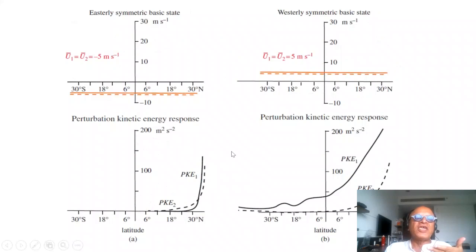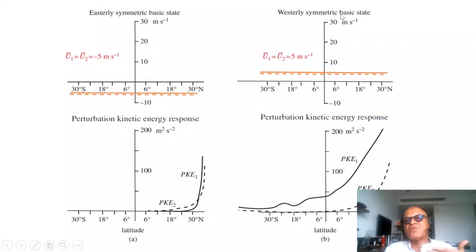But if you change that and prescribe easterly symmetric basic state in both layers of -5 meter per second, then you can see that the perturbation kinetic energy dies off even faster because everywhere you have easterlies.